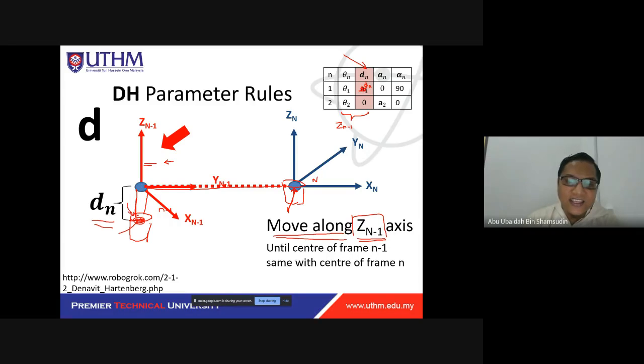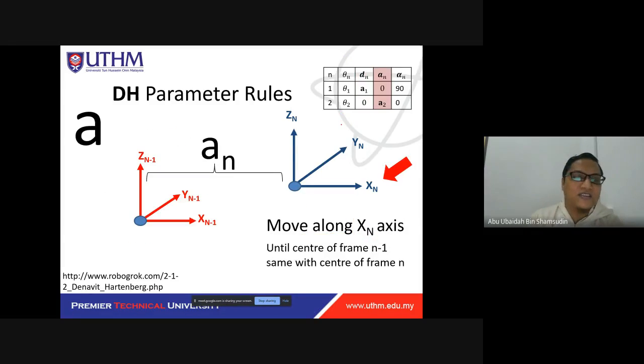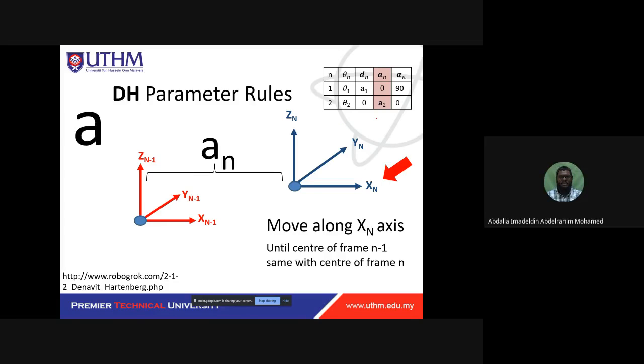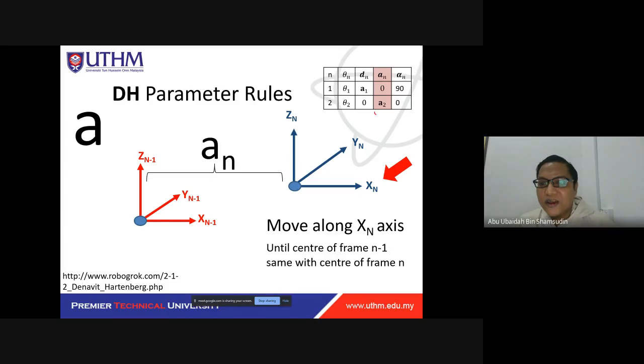So I think currently everything is good. The other two parameters are a bit different. We will move along or rotate about xn. Previously it was Zn minus 1; here it is xn.